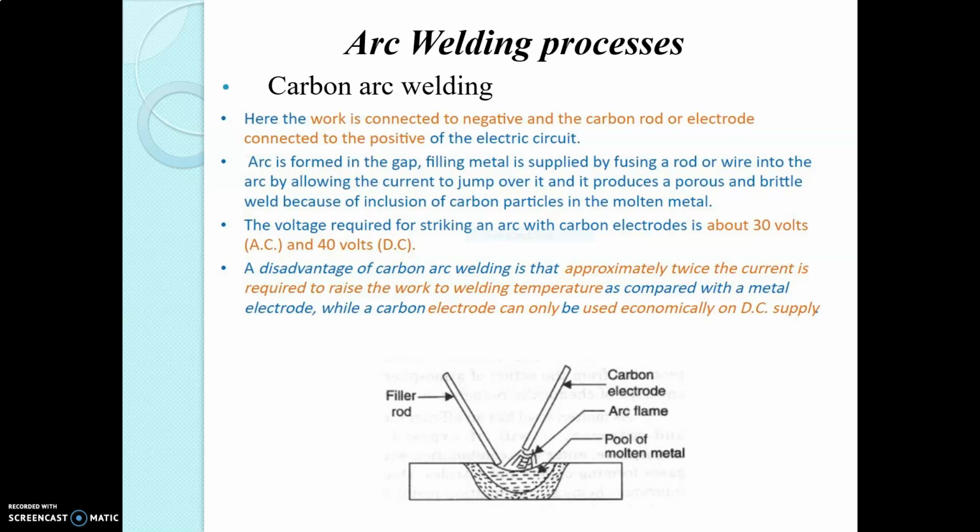In another method, also known as twin carbon arc welding, two carbon electrodes are employed between which the arc is formed. In this way the arc generates heat which is applied close to the parts to be welded, causing the edges to fuse.